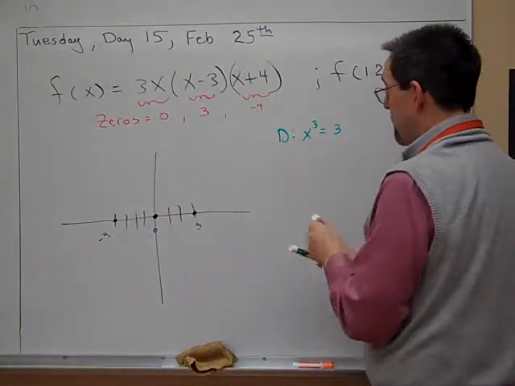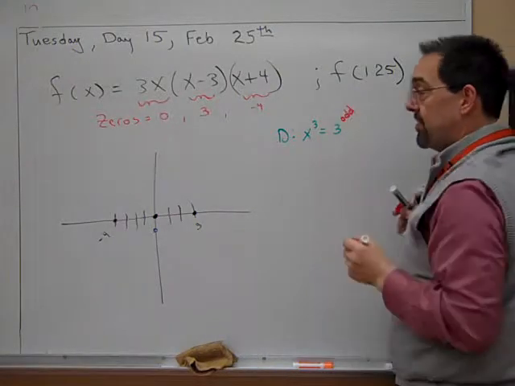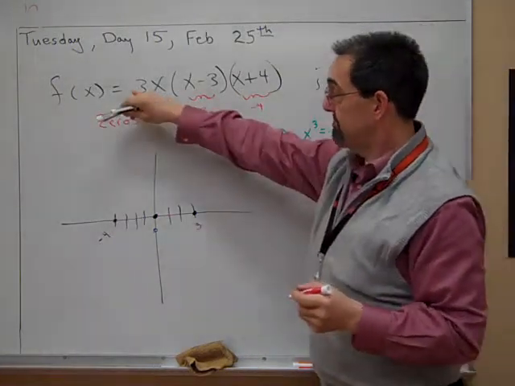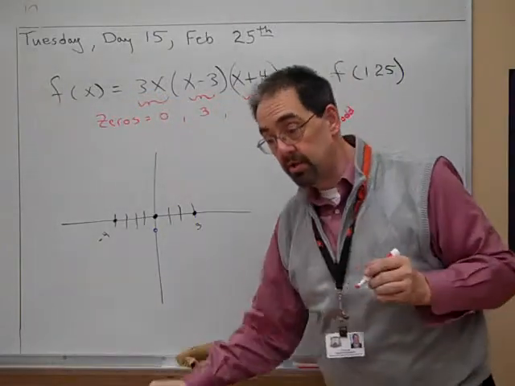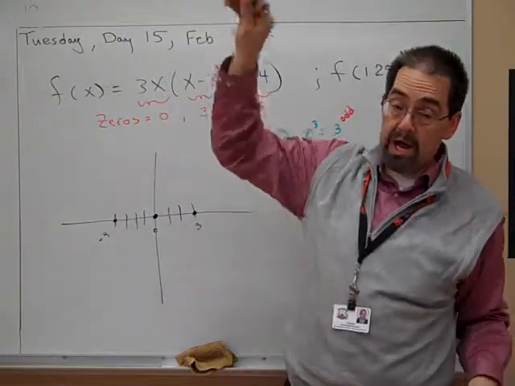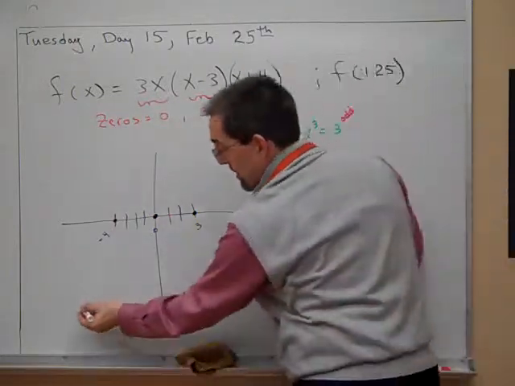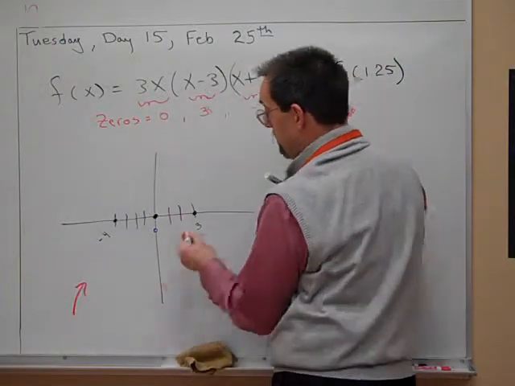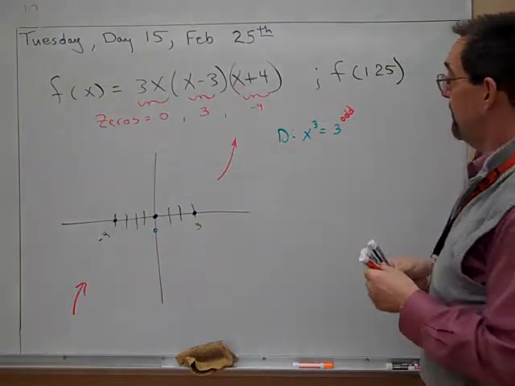Third degree polynomial has to be odd. That's an odd function, and it's positive. Remember the end behavior? It's either low to high or high to low. Good. Coming up, finishing up. So we have some sort of a rough shape like that.